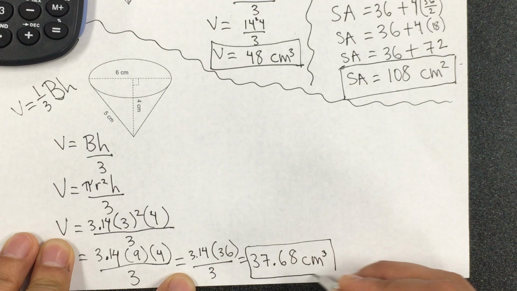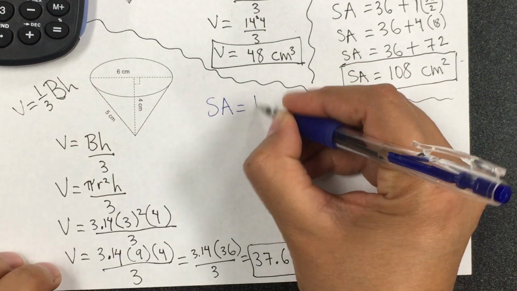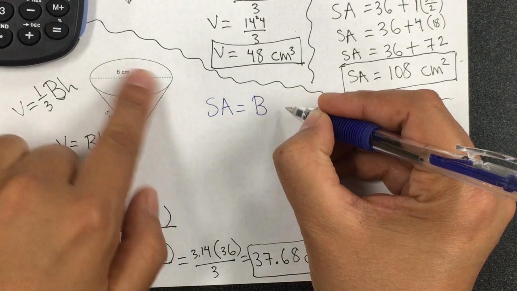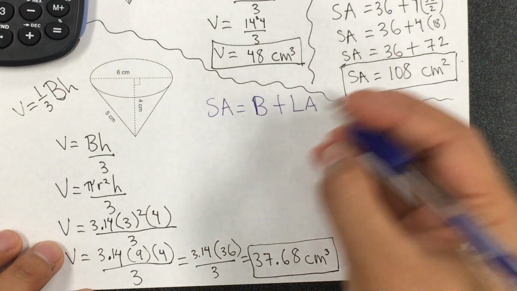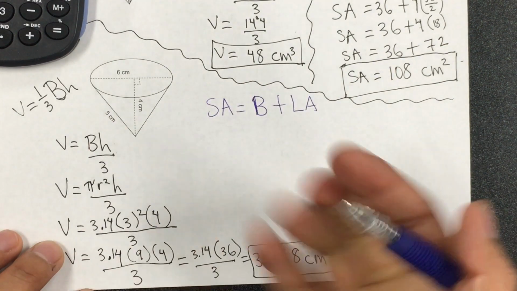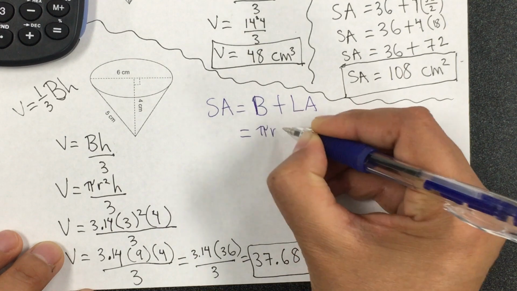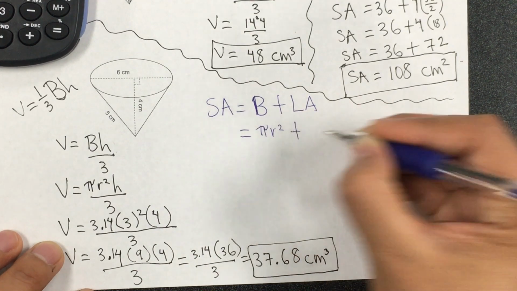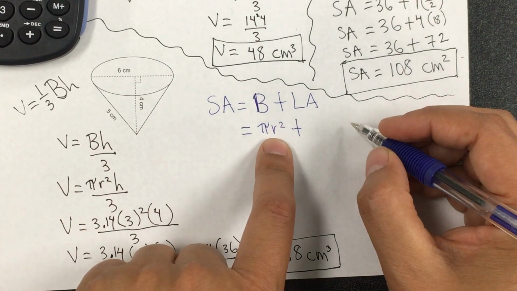And that's the volume. Surface area is equal to the area of the base plus the lateral area, meaning on the side, or if you're talking about a cone, the cone part. So the base is pi r squared. The lateral area is a little bit different than the others, but it's not that hard.